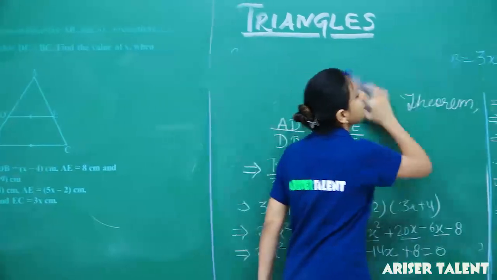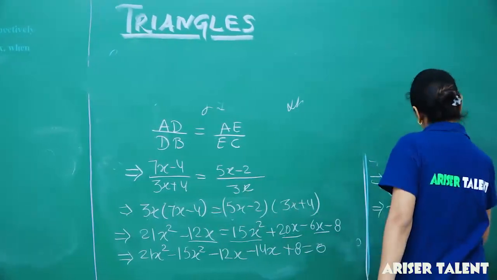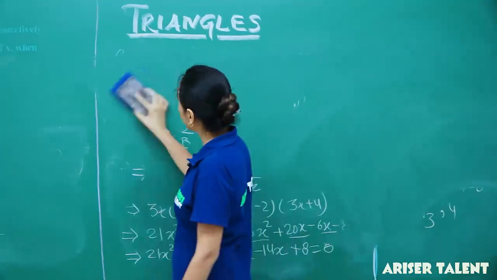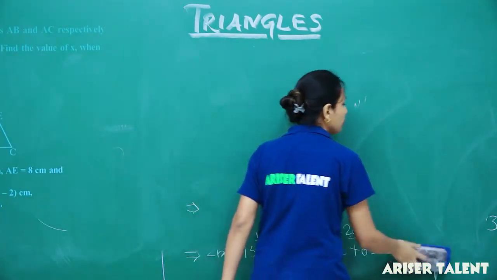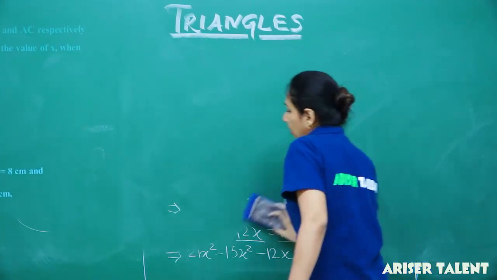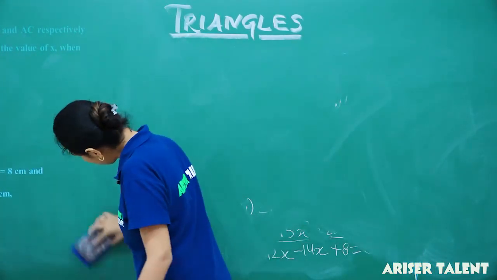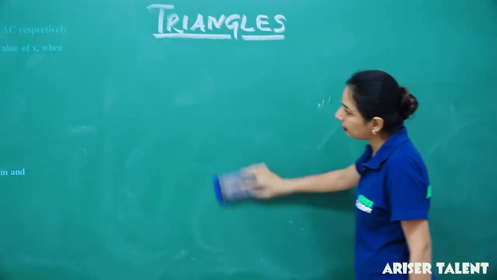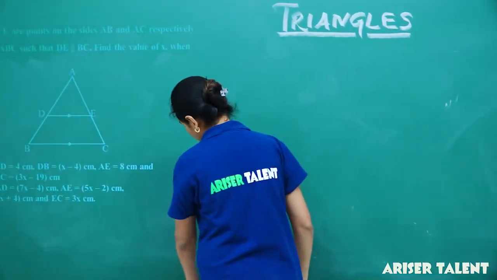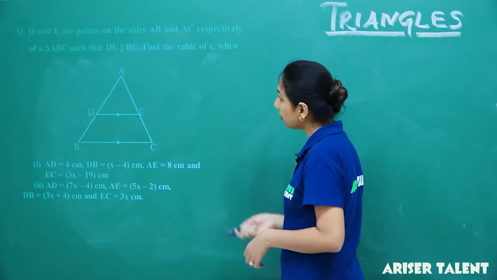Okay students. So now you have seen that we have done a question also, because in our previous lecture we were discussing the theorem part. In this lecture we have also covered this part.